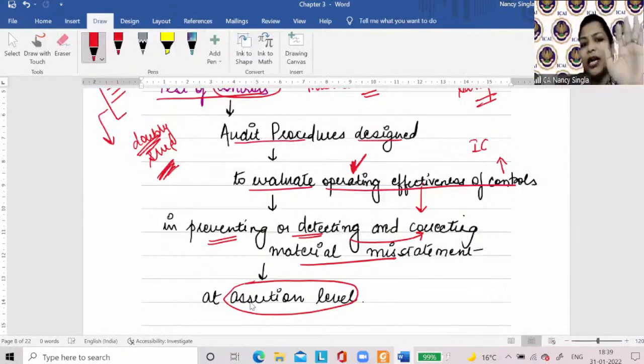Is applying one internal control on the financial statement as a whole possible? Or is the second situation possible, whereby the management will have to apply internal control with respect to each and every assertion appearing in the financial statement?